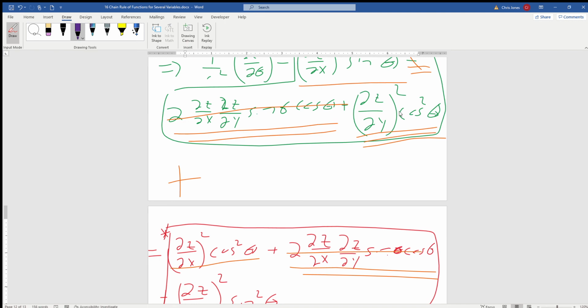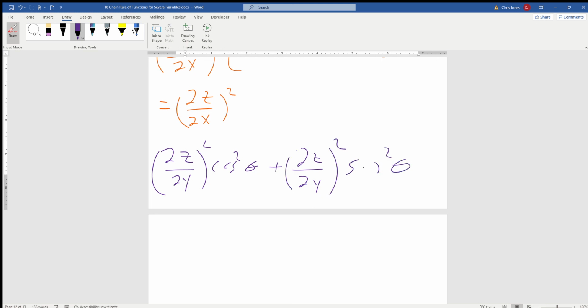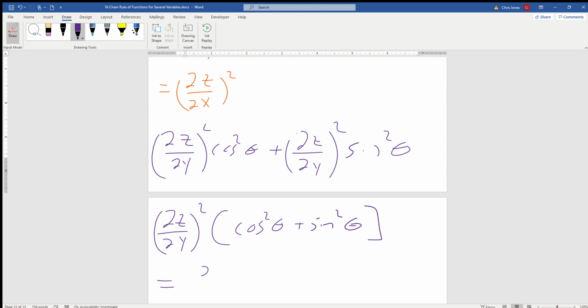Oh, I'm sorry, partial z partial y square cos square theta plus partial z partial y square sine square theta. And we can clearly see, just like what happened before, if we factor out the partial z partial y square, we're left with the trigonometric identity, Pythagorean to be specific, cos square plus sine square theta, and that just equals 1. So now we're left with just the partial z partial y square.